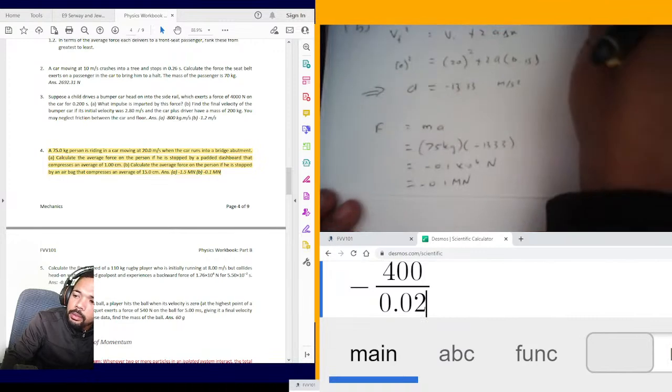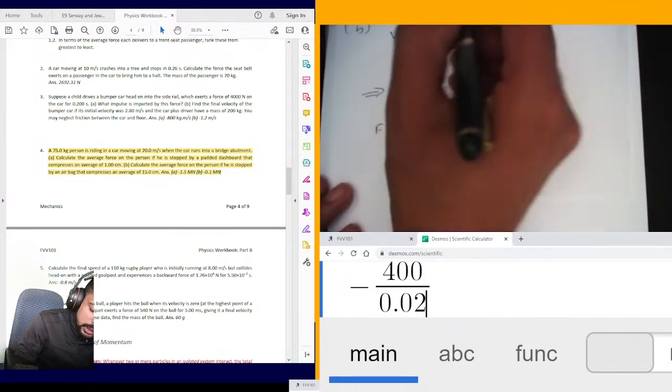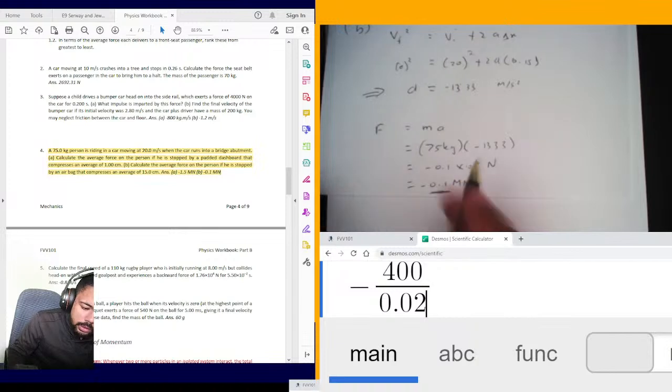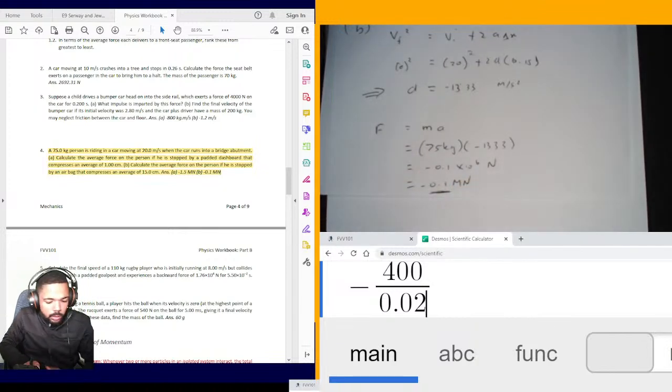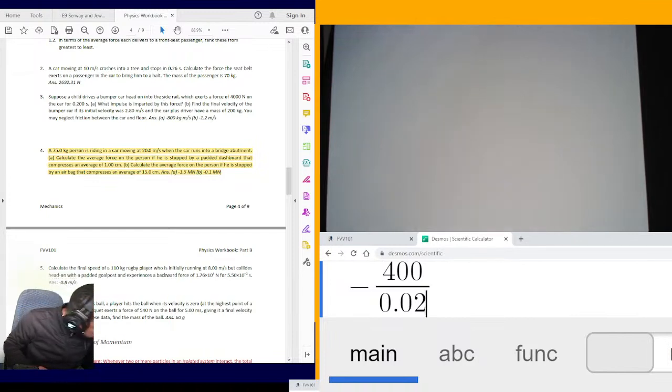Okay, this means that this force is significantly less than that one, which means the airbag is going to do a lot less damage than the dashboard. Because number one, the airbag is compressed further than the dashboard.